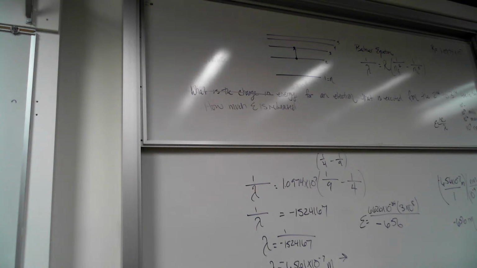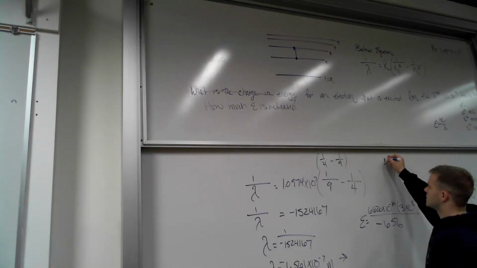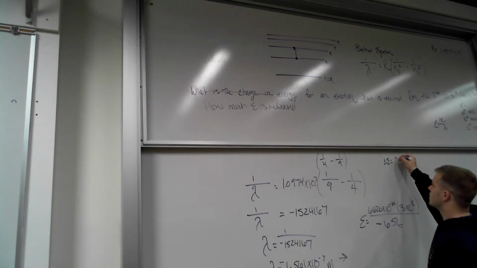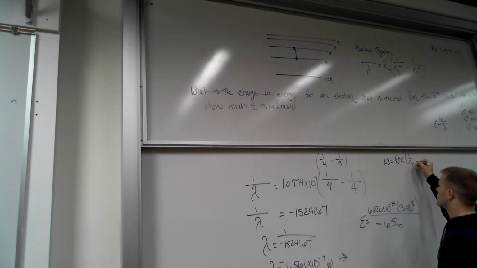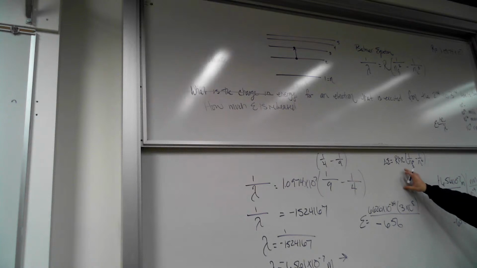You might see one other equation that we basically addressed, and that's that delta E is equal to RHC times 1 over n final squared minus 1 over n initial squared. But all this is combining the two equations that we used.